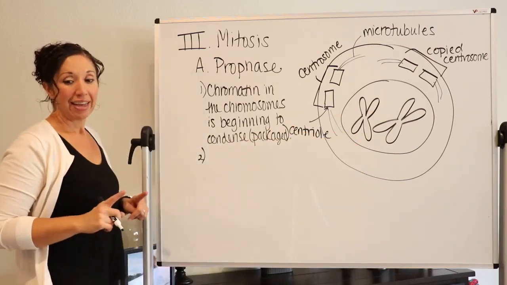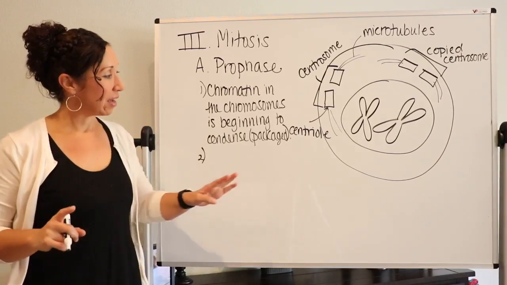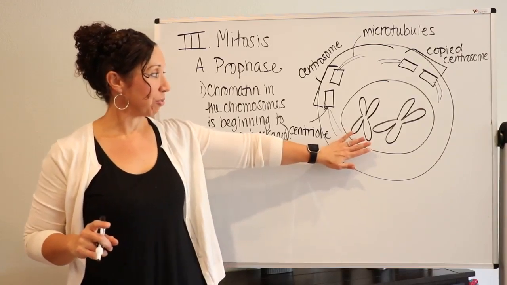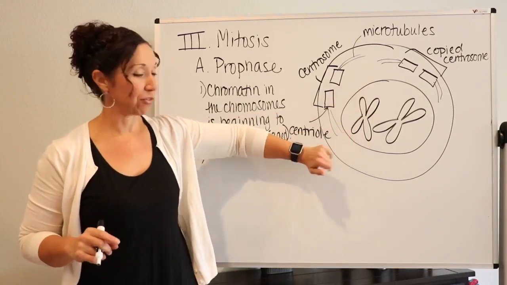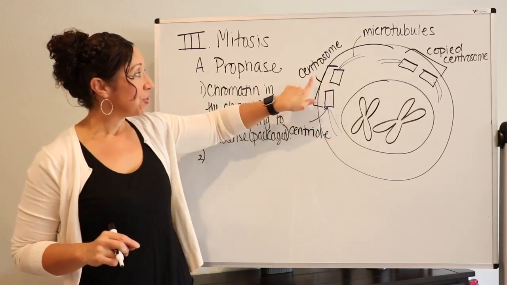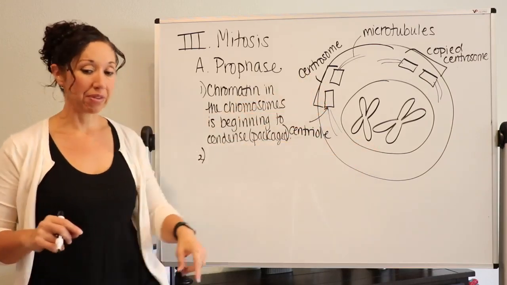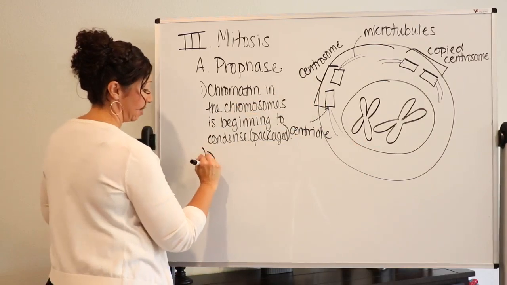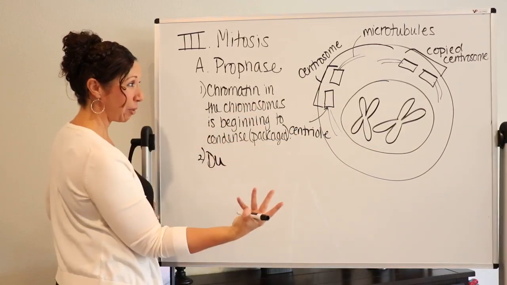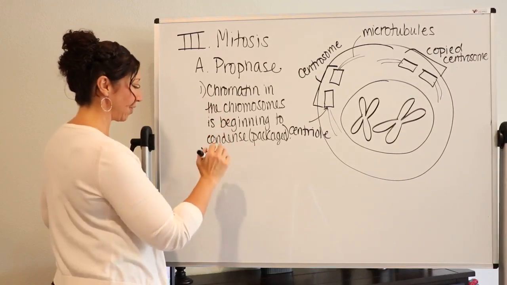The second thing is that each chromosome is obviously a sister chromatid. It appears as a sister chromatid by this point, and that's great. And what's happening is the duplicated centrosomes begin to create microtubules. So the duplicated, because they got copied at the end of G2, maybe the very beginning of prophase, it's around that area.